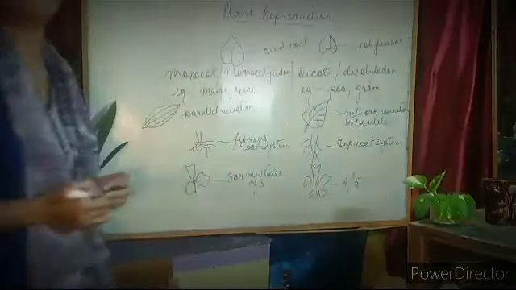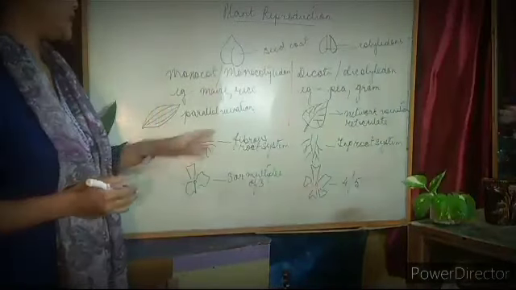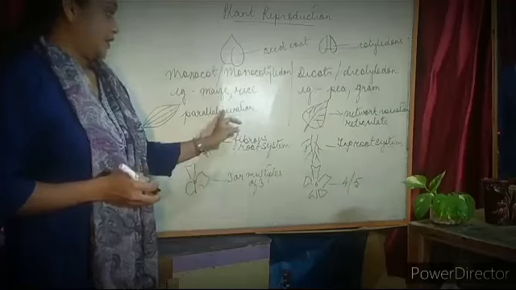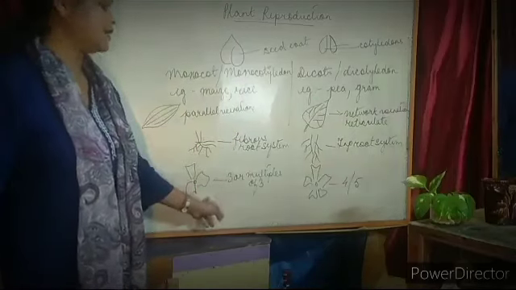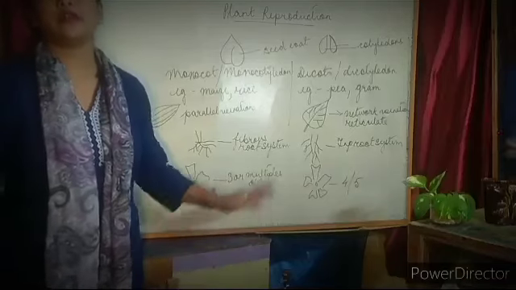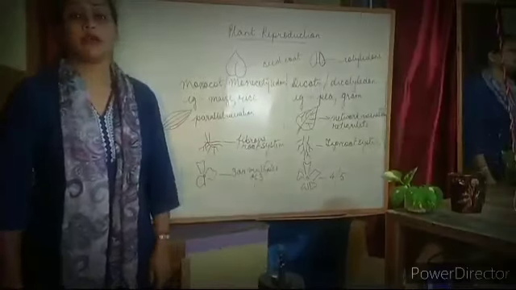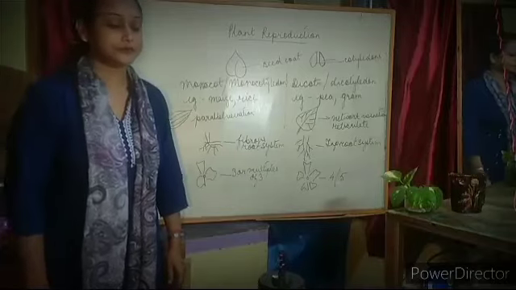So based on these three things, that is by observing the leaf, the root and the petals, we can identify whether a plant is a monocot plant or a dicot plant.